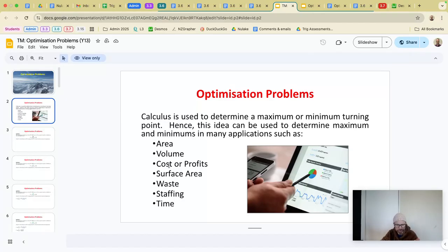Could be area, volume, money, surface area of objects, waste, staffing, heck, time. Okay, so the math stuff and the actual real life web applications in biology, optimizing herd numbers in a particular area with prey and predators relating to each other, etc.